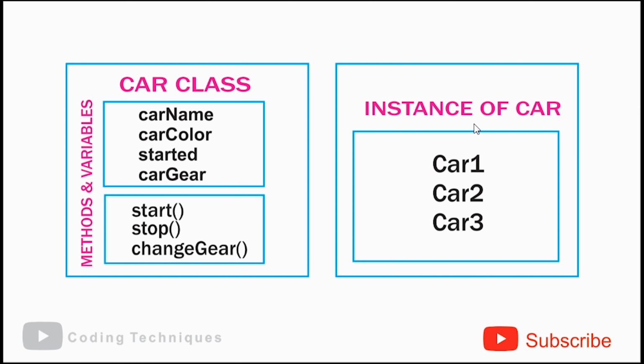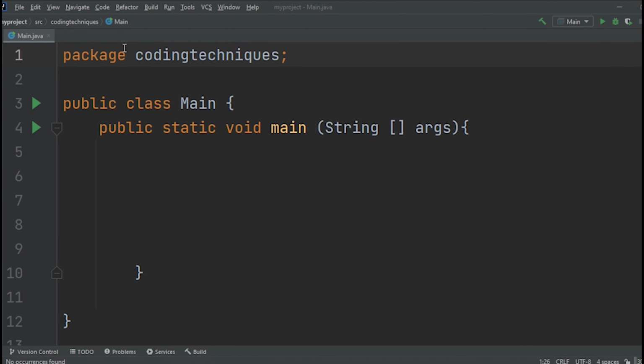These cars may have different colors and different names, and whenever we create these objects, we can give them different values. Let me create a class in the coding techniques package.